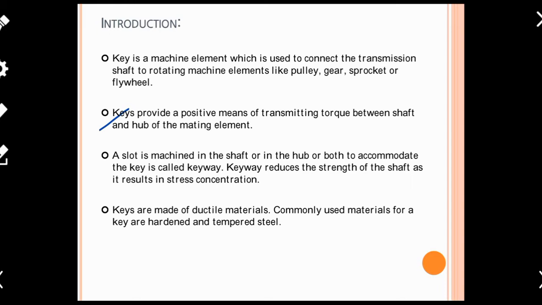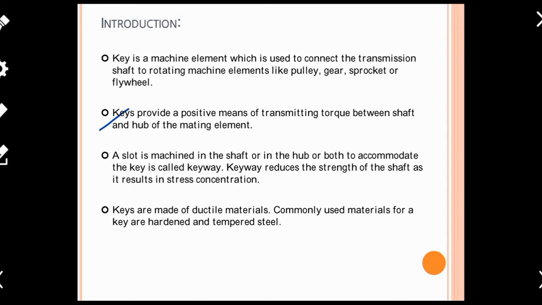In that way one can say that by virtue of the key, whatever torque or power transmission there is will be positive. Basically, for any drive or mechanism, power transmission is possible in two ways. One is the frictional contact between two rotating or contacting members.